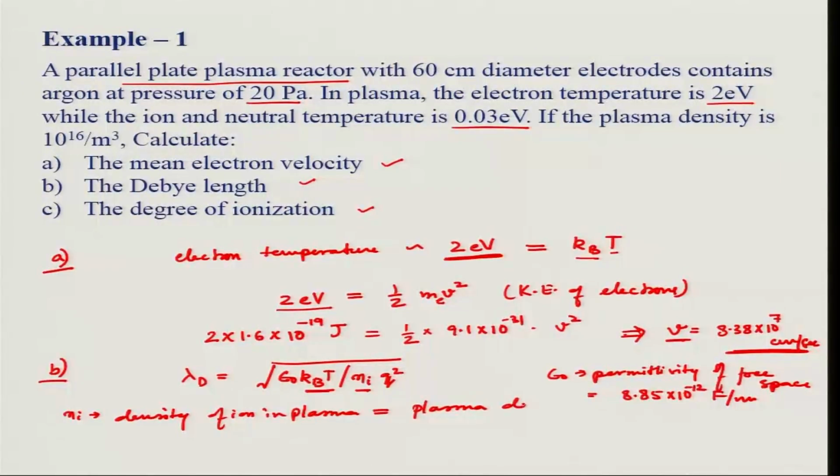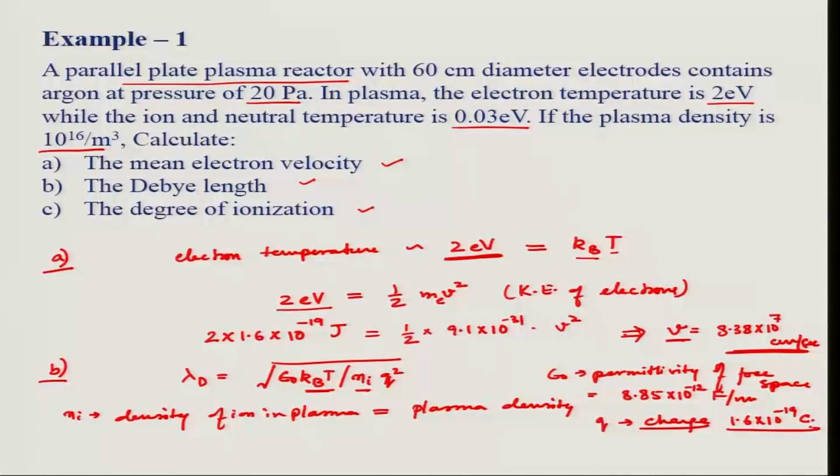This is given in the problem. Q is the charge, which is 1.6 times 10 to the power minus 19 coulombs.